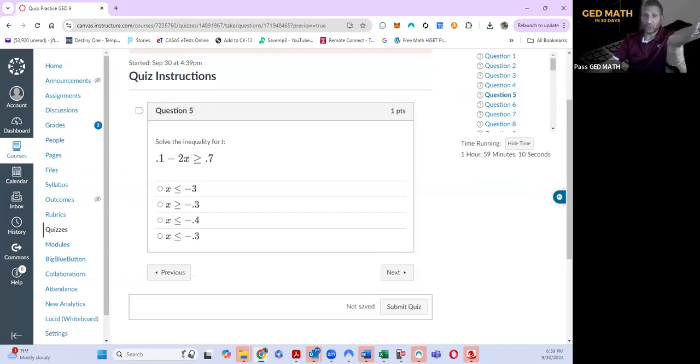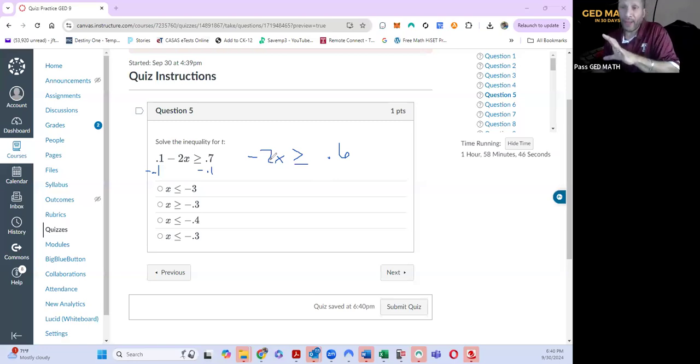Since you asked about inequalities, how do I do this problem? First, I'm going to subtract 0.1. So I have -2x is greater than or equal to 0.6. What I know right now is that my variable gets multiplied by -2. So to get x by itself, I need to divide by -2. Whatever I do on one side, I do on the other.